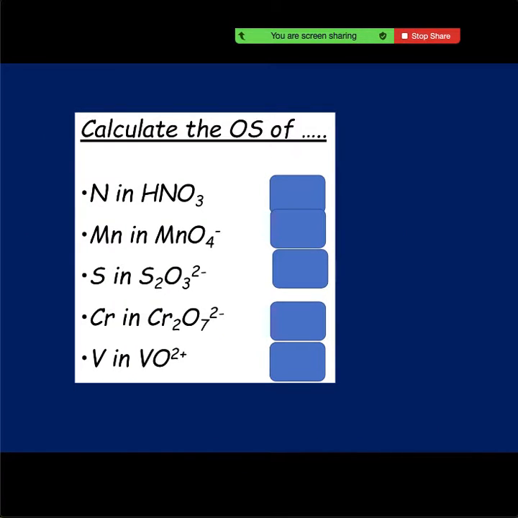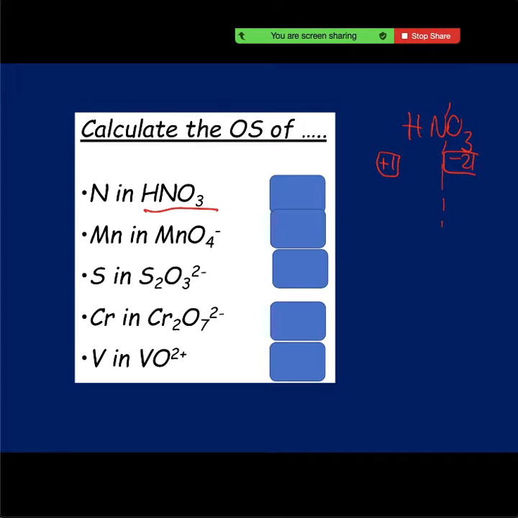Okay, so here is HNO3. You only have to find the nitrogen in it. So if you can work it out, you can just leave the +5. I personally would always work it all out. So oxygen is -2. Hydrogen is always going to be +1.